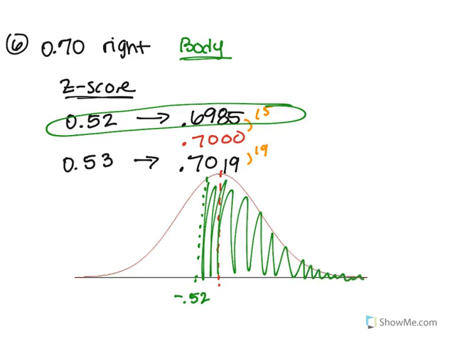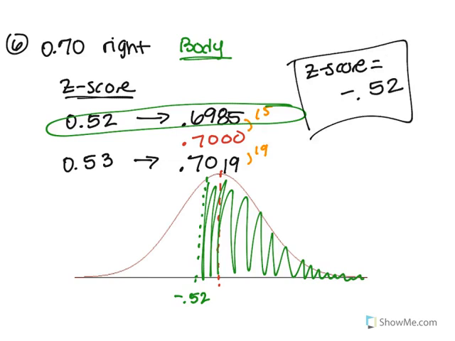Very good. So make sure you got negative .52. Questions? No?